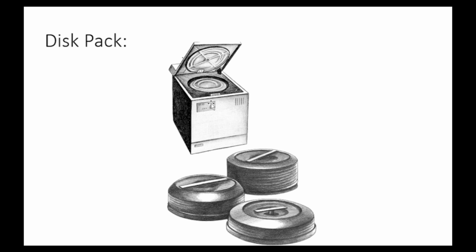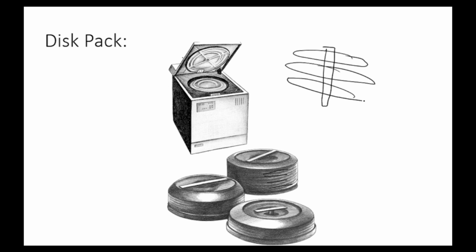Now disk packs are these. They consist of multiple, two or more, hard disk platters mounted on a single central shaft. It is a single central shaft like this, and the platters are mounted on it, at least two, and it can go more than that.